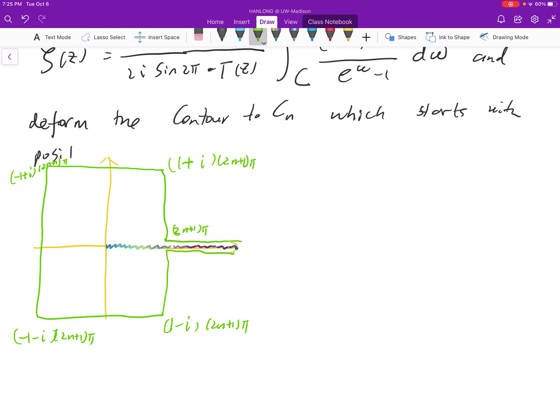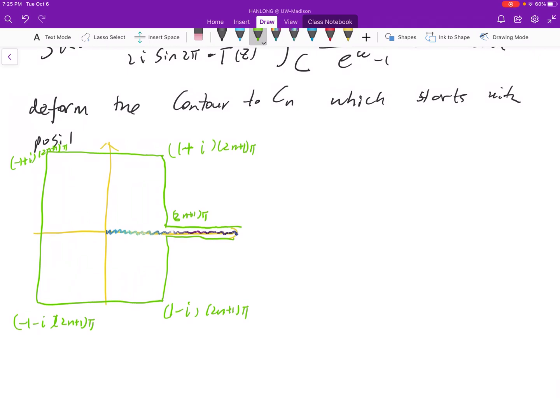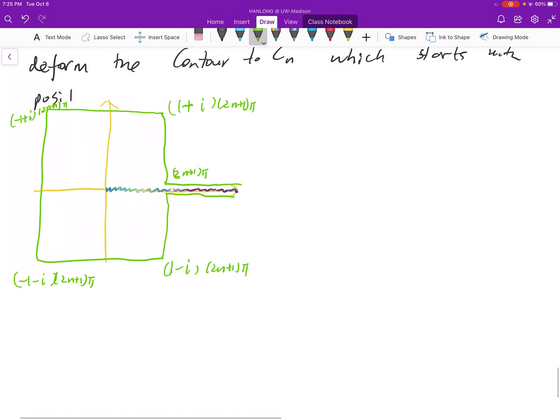Okay, and note that you have some poles along the imaginary part because of e^ω = 1.